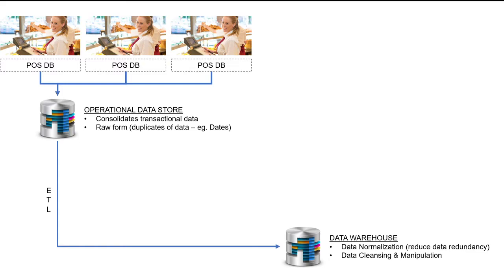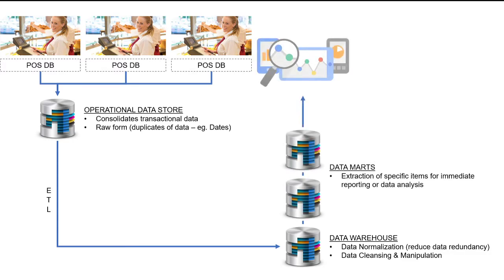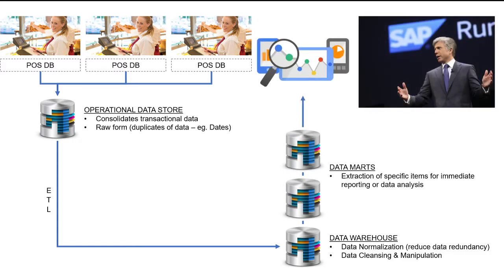Now let's imagine that all the data are stored in the data warehouse. This can be split further into what we call data marts. Data marts are smaller versions of the data coming from the data warehouse, and the main difference is that these data marts have someone owning them.